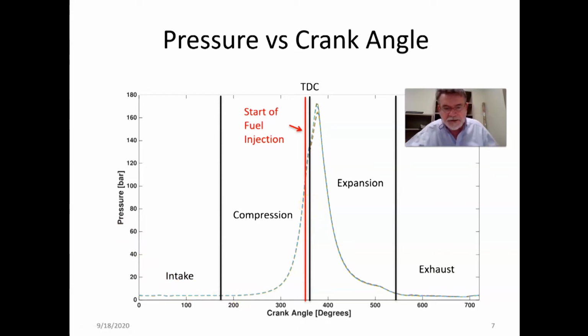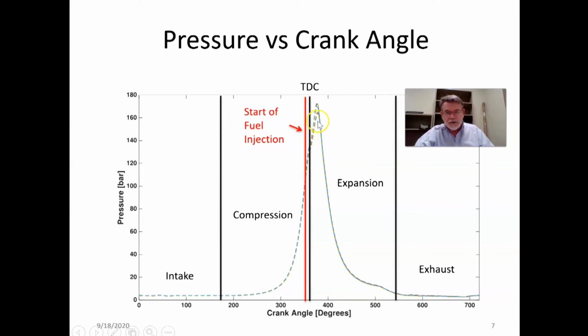So you see how the profile of the pressure is as the crank rotates. You can see here the intake is very low pressure, and then it's when the compression starts, and it goes up, and it gets to this point where you start injecting the fuel, and then there's an expansion.